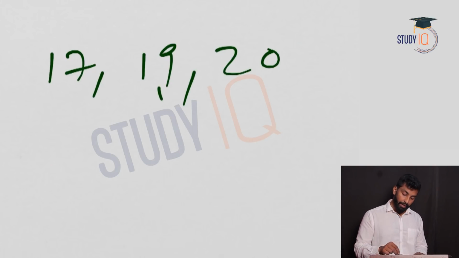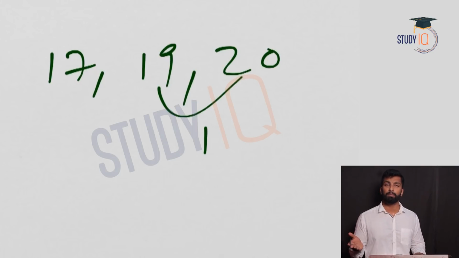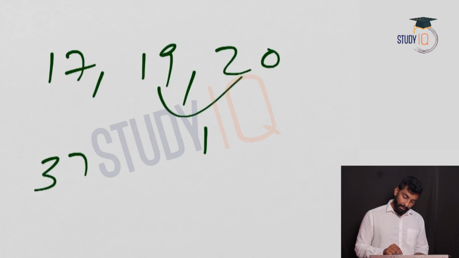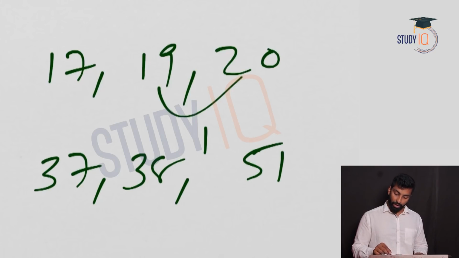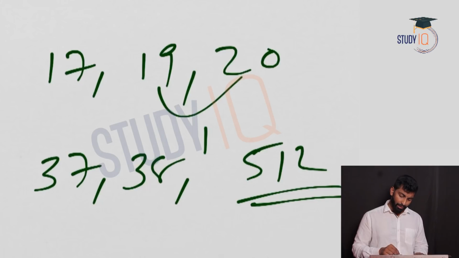Okay, so let me give you numbers: 17, 19, 20. What is HCF? Take the common difference, 1. There is no other possible common factor here, only 1. Okay, so 37, 38, 512. You don't want to bother about 512 and all, just take the difference, that is 1, that is your HCF.